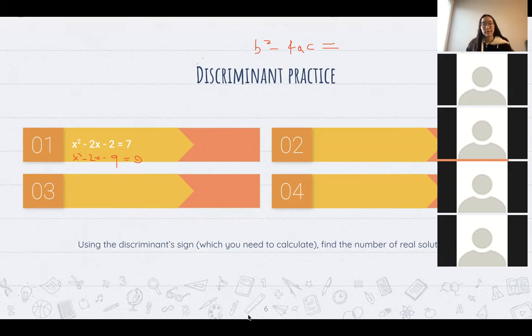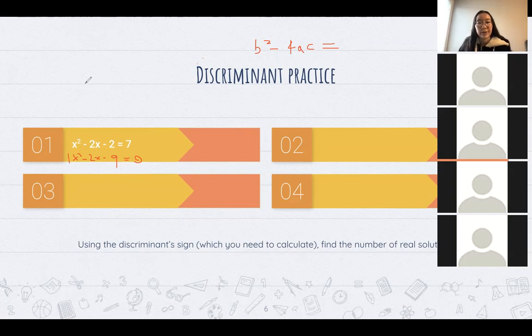All right, so everyone who got the answer, go ahead and put it in the chat, even if it's just a guess. Okay, Aniket says no real roots. So let's see. Remember, -2 is going to be b here, -9 is c, and a is going to be a hidden 1.